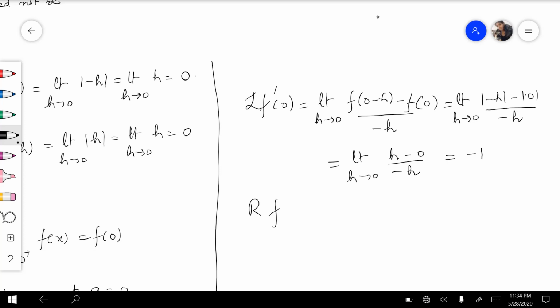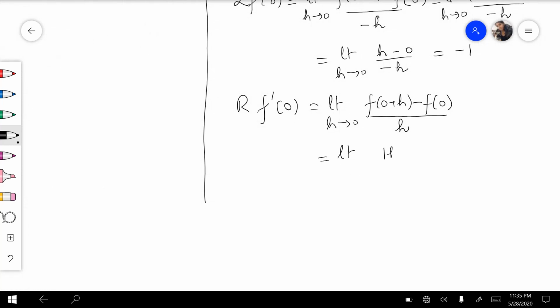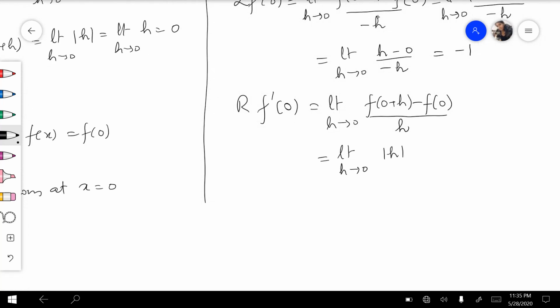Then right hand derivative at 0. By definition, this is limit h goes to 0 of f of 0 plus h minus f of 0 upon h, which is equal to limit h goes to 0 mod of h minus modulus of 0 upon h, which equals to limit h goes to 0 of h minus 0 upon h, which equals to 1.